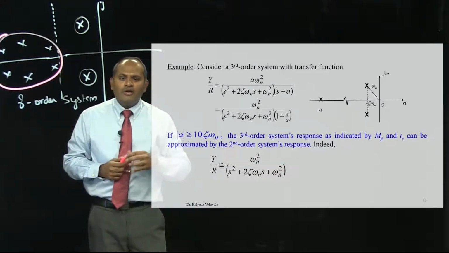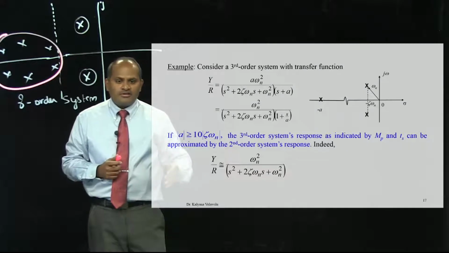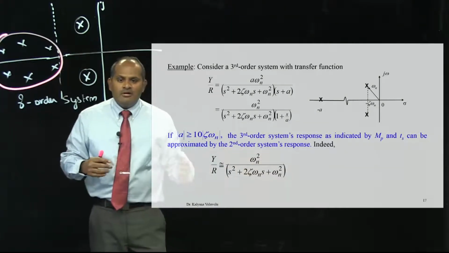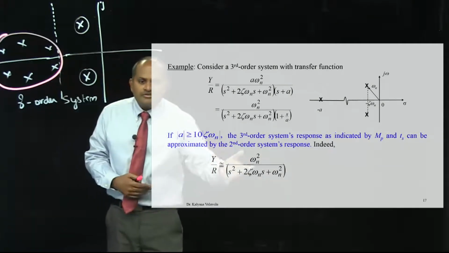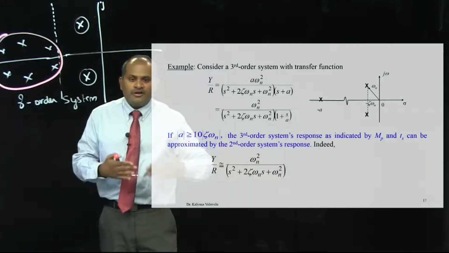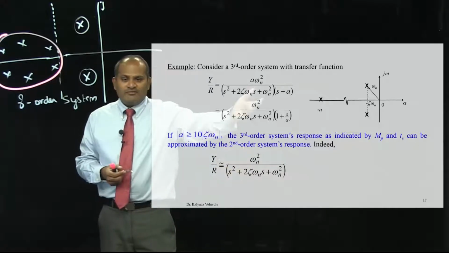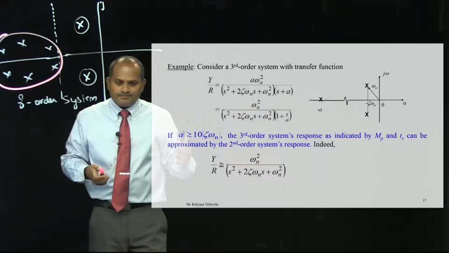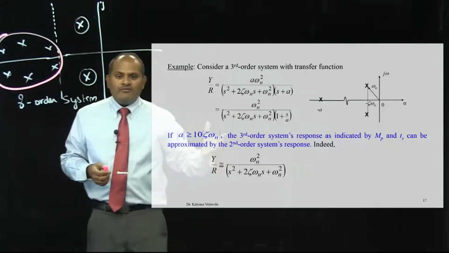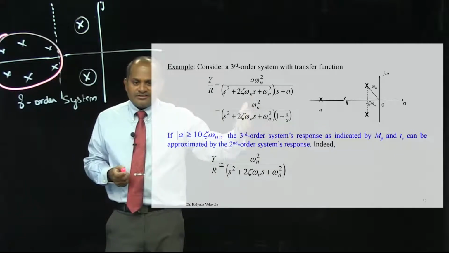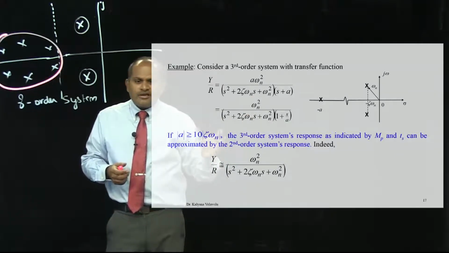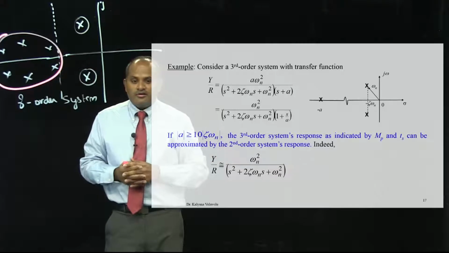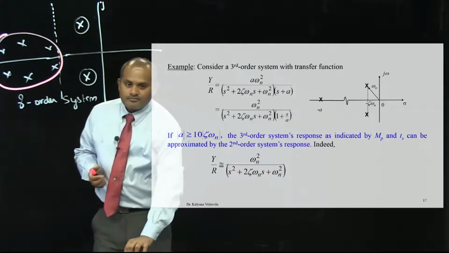People don't worry too much about accuracy. If you have a second order system, design and analysis are very simple. You can design a controller and analyze a lot of things. But if you have a third order system, it is very difficult to analyze. That's the reason. So when you have a chance to approximate the system with 95% accuracy, that's fine. You can proceed with the approximation.